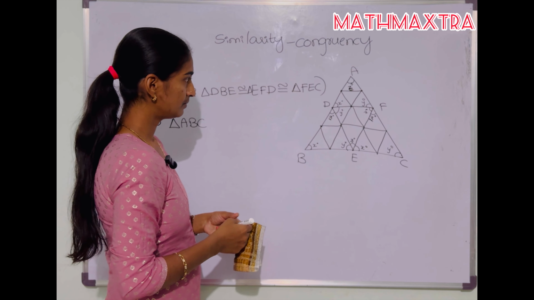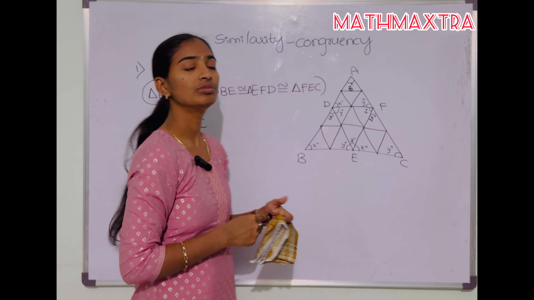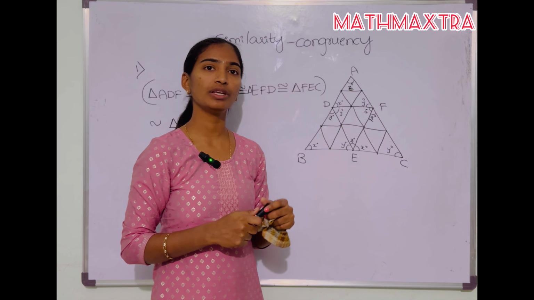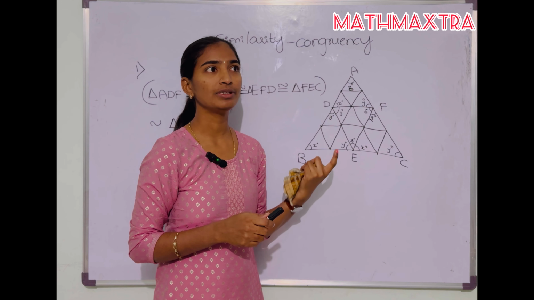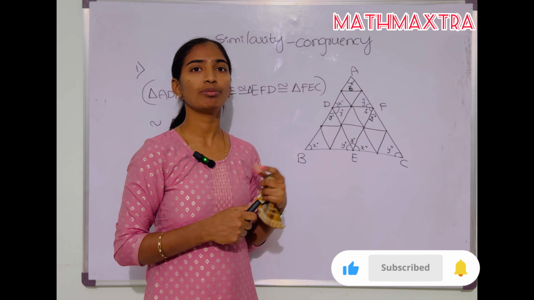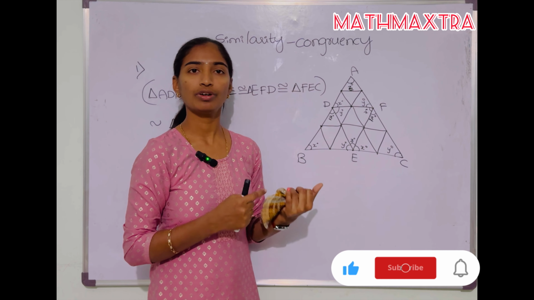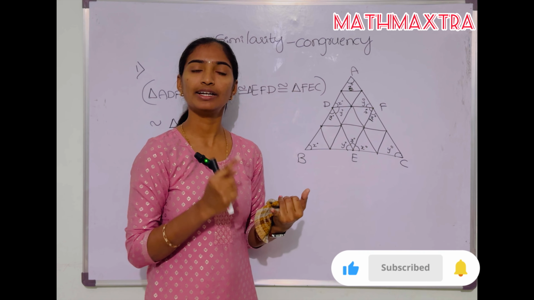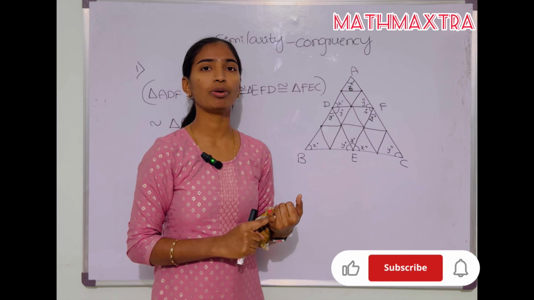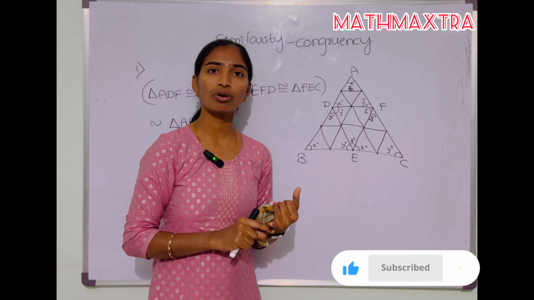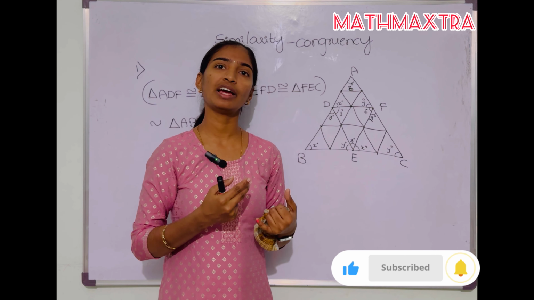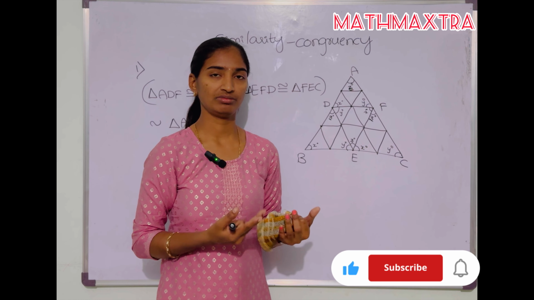By remembering these statements, we can solve many questions. We need to identify where to apply the given properties. For triangles, for similarity and congruency, for each concept we have many properties. Even if you remember all the properties, if you don't apply them at the correct time, they are of no use.